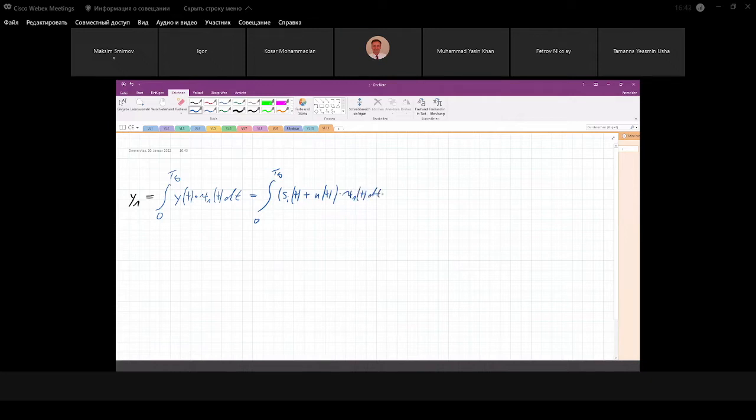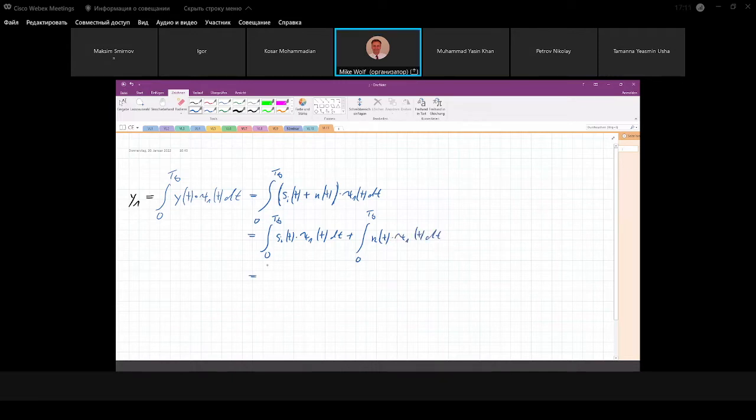So we build an inner product basically. Then we can say this is the integral from 0 to Tb of I(t) times our basis function, and then there is a second component, the integral from 0 to Tb, the correlation, because this is linear, times c1(t) dt.